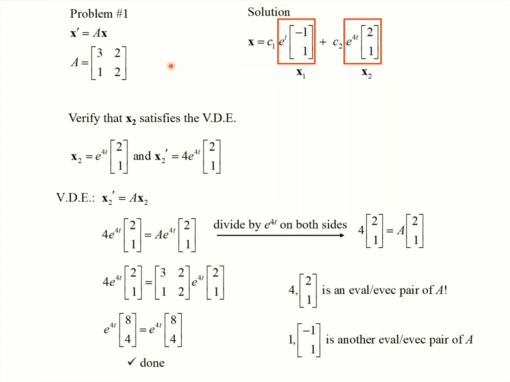After we do that, we can just write out our answer by going e to the eigenvalue times t times any eigenvector. So instead of (-1, 1), I could choose (-5, 5). Of course, my C1 would absorb that scalar.